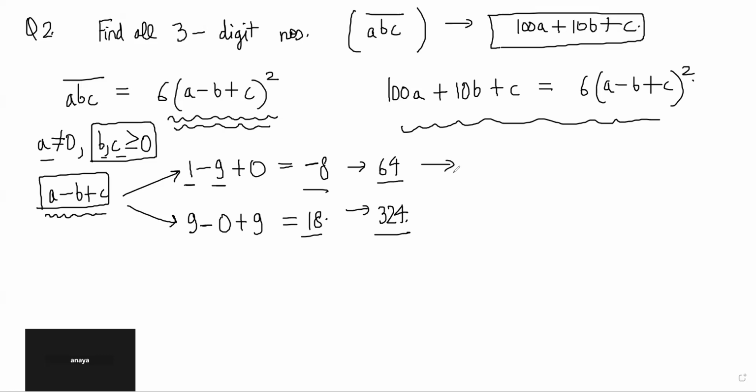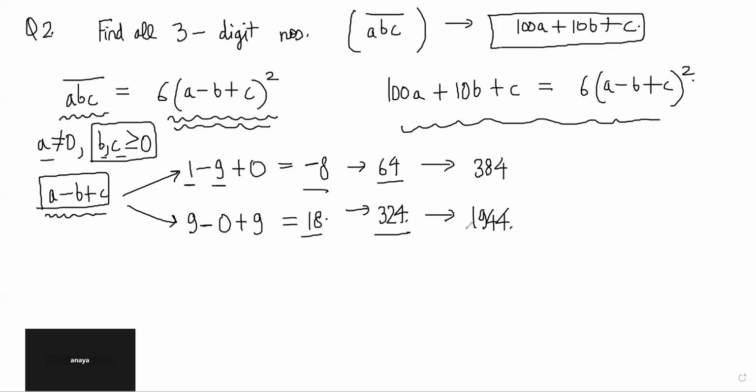Okay, so let's just calculate those numbers once. 6 into 64 will become 360 and 4 sixes are 24, so 384. And 6 into 324 will be 1800 and 144, so 1944, right? So that is the limit within which this number has to be.